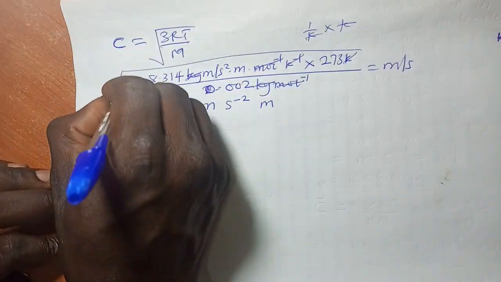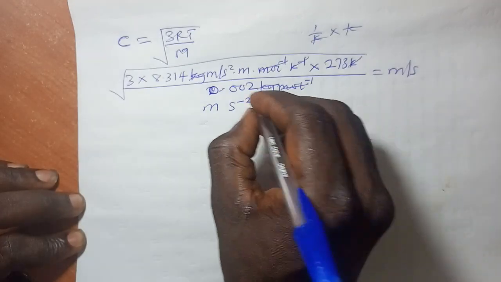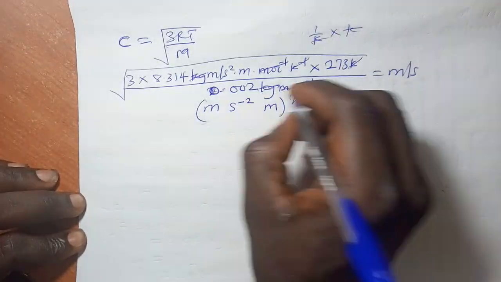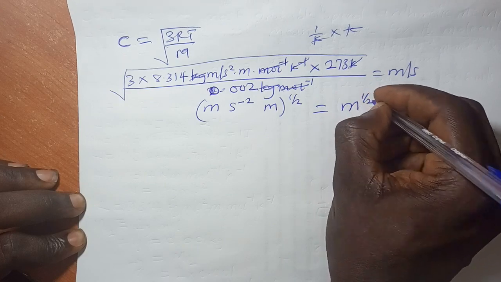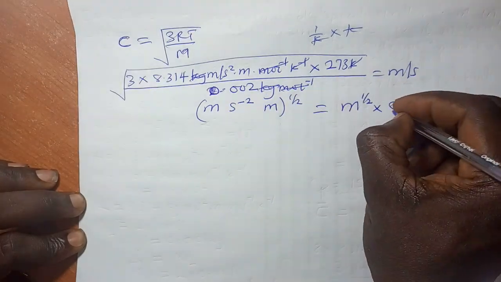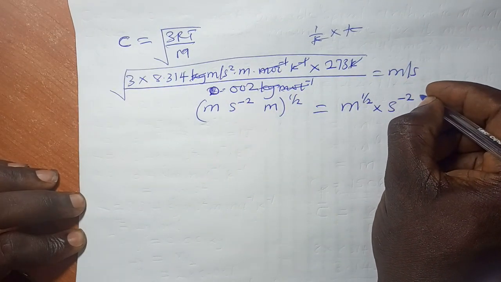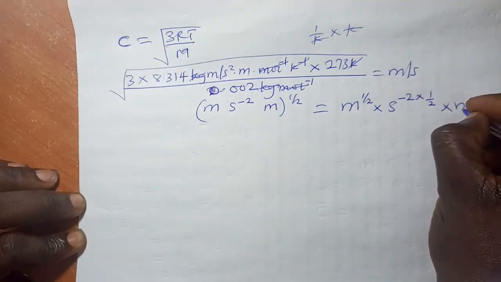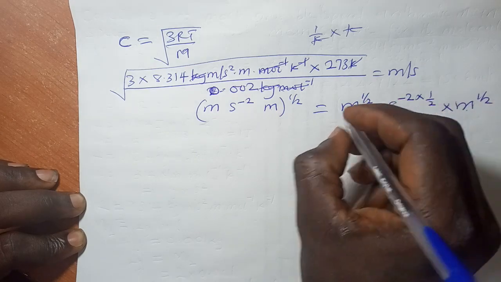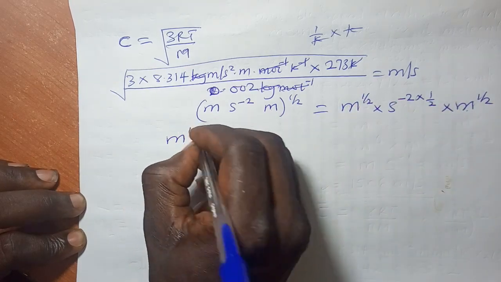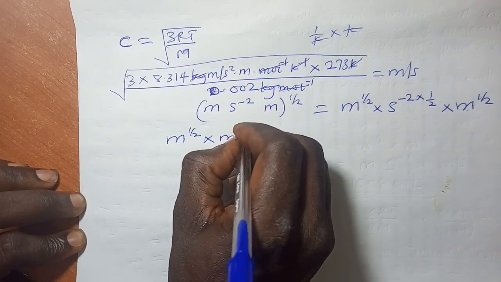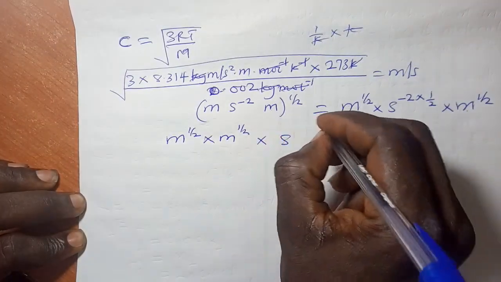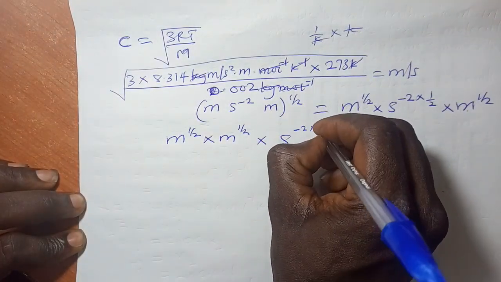Remember, it has a square root, and if you remove this square root, it will now be raised to power half. So if you solve this, you have m raised to power half times s raised to power minus 2 times raised to power half times m raised to power half. So you bring this together in indices: m raised to power half times m raised to power half, remember it's meter, times s raised to power minus 2 times raised to power half.